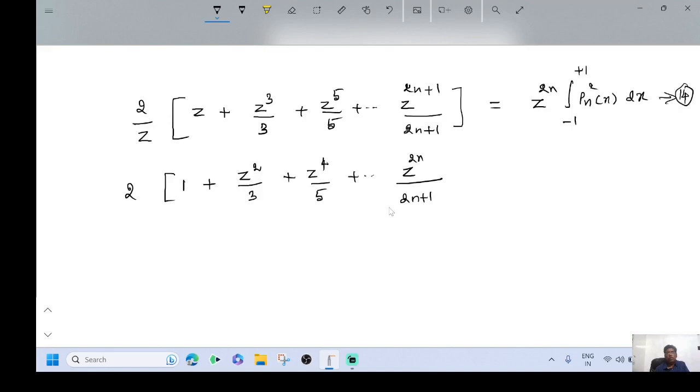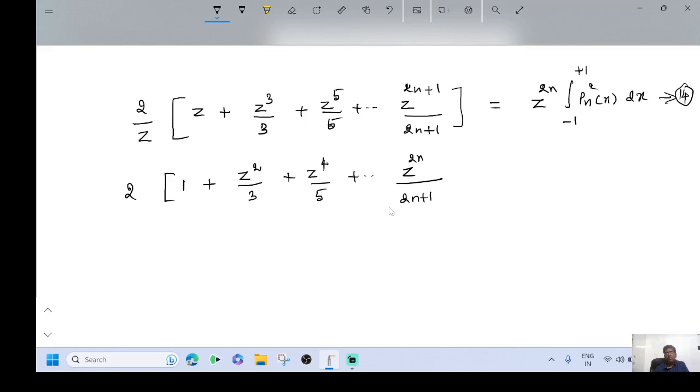Just we have divided equation 14. The left hand side of equation 14 is divided by z. So z by z is 1. Z cube by z is z square by 3. Z power 5 by z is z power 4.